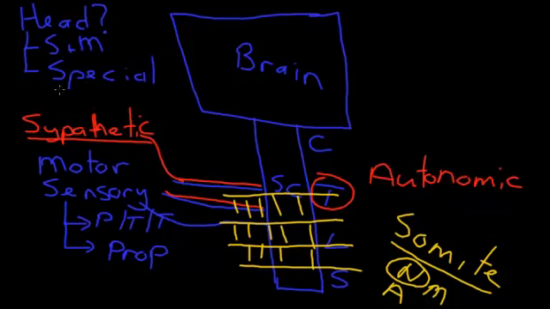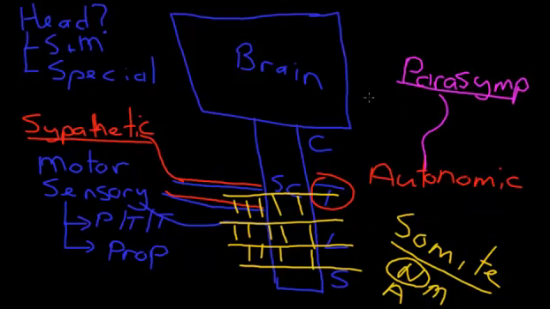And those special sensations are like sight, hearing, smell, all those things unique to the head region. And on top of our problem, we have the other part of the autonomic nervous system. Remember, we have the parasympathetic as well. And somehow we need to get the parasympathetic component of the autonomic nervous system out from the central nervous system to join in to its activity in the peripheral nervous system.